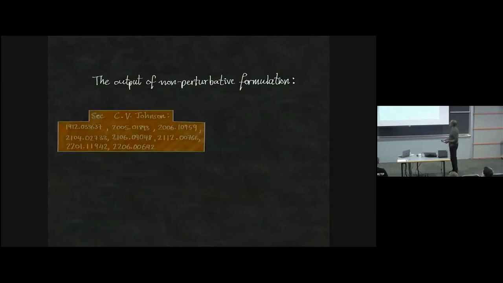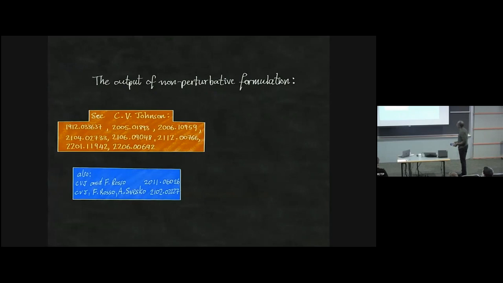There's a whole bunch of papers developing the tools and understanding that I've written over the years, including a couple with some collaborators that applied some of these tools to some special cases.